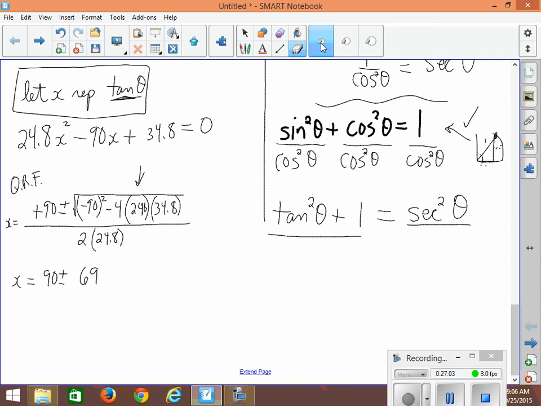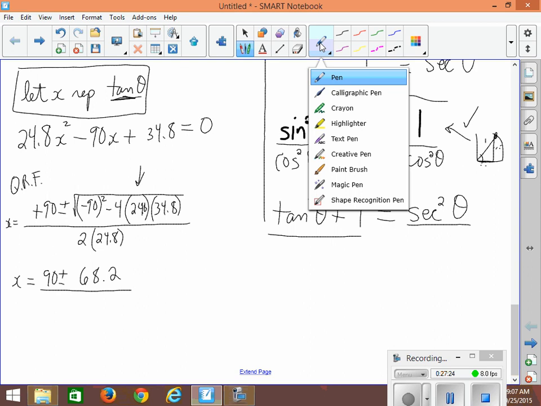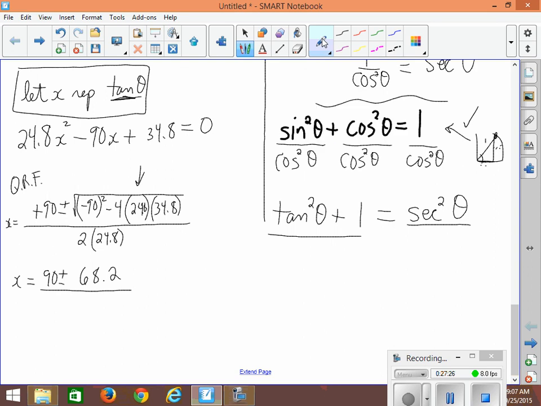We'll erase this and we'll put in 68.2-ish. And we're still dividing by 2 times, well, we could do that multiplication, can't we? Better erase that. We can do 24.8 times 2 and get what was that, 49.6, right?